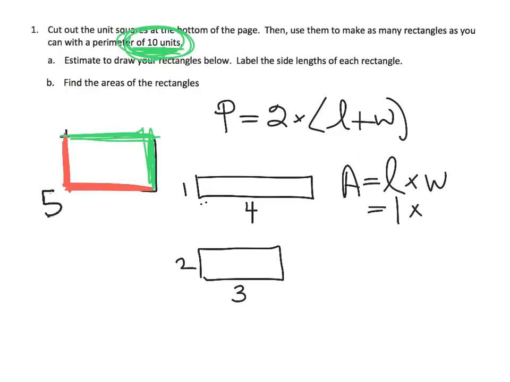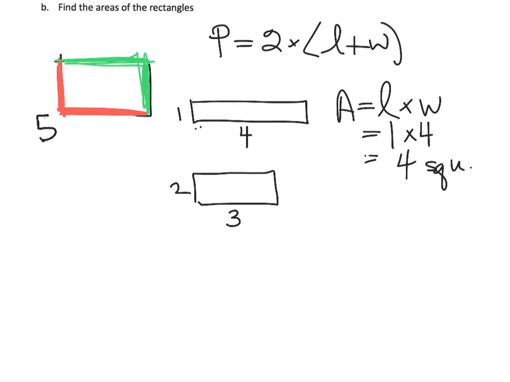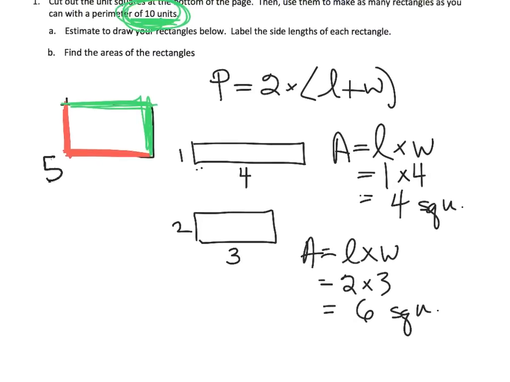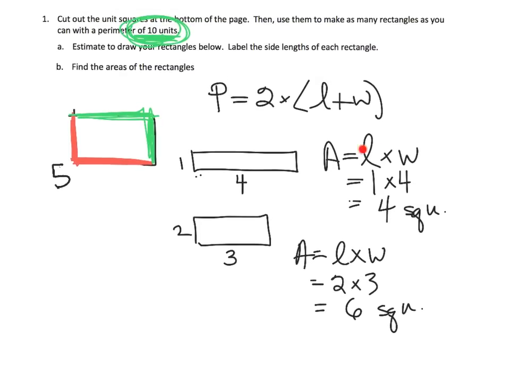In this case, it's 1 times 4, which is 4 square units. And then down here, our area is still length times width, which is 2 times 3, which is 6 square units. So there are our 2 rectangles, both with a perimeter of 10, because the 2 sides equal 5, right? This side plus this side is 5, so the other side is 5, so there's our 10. And then there are 2 areas.